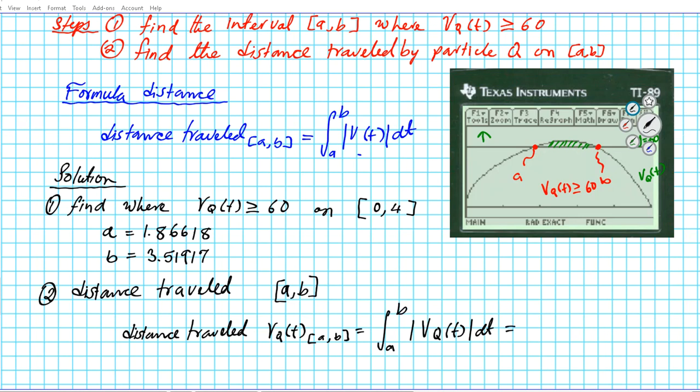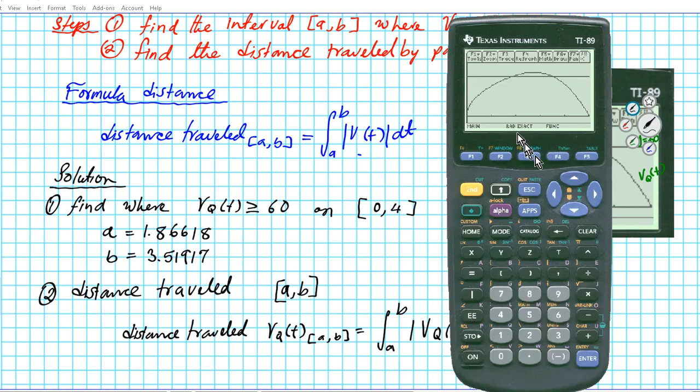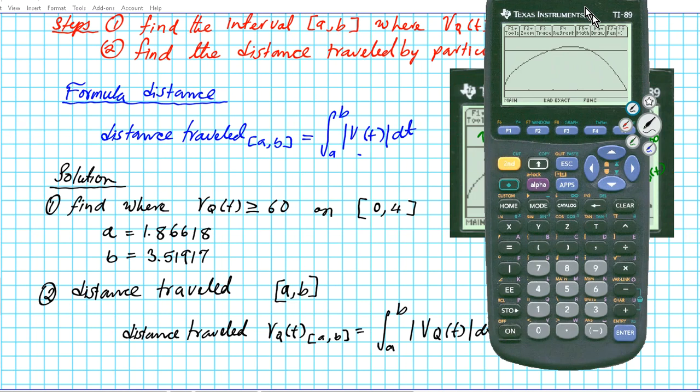Now the shortcut I was going to show you was how to store the intersections from the home screen in the letters, but it's okay. So what we're going to do now is enter the following integral. Let's go back home. We're going to find the integral of the velocity function. I already have it up there, so actually I need the absolute value. So how do we do that? You go to your catalog. ABS is your absolute value.